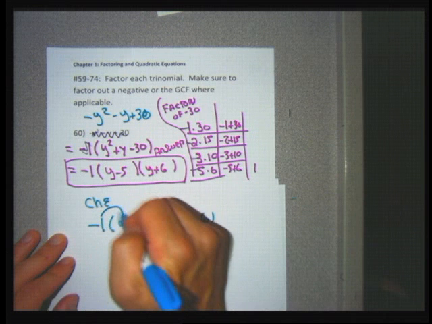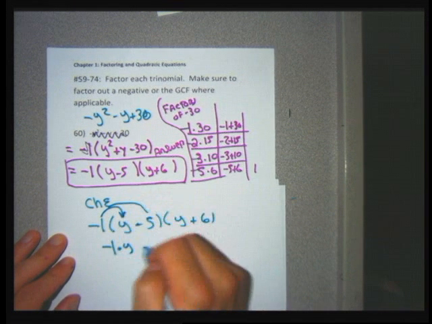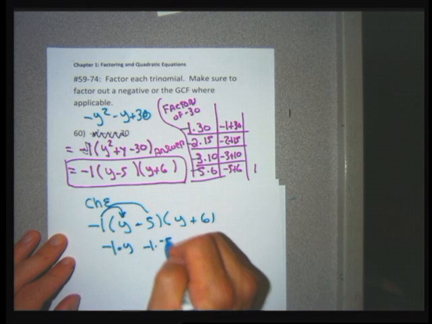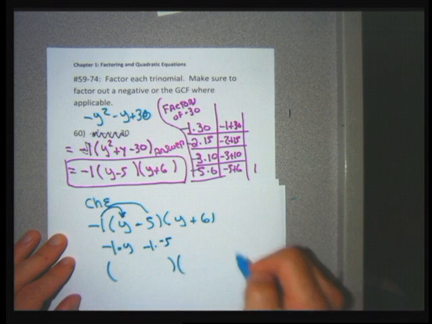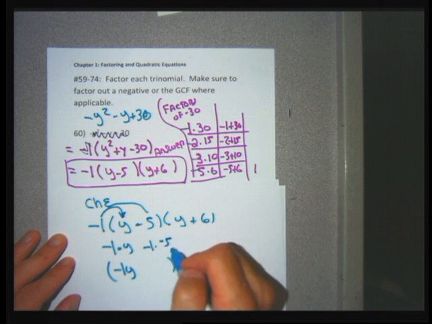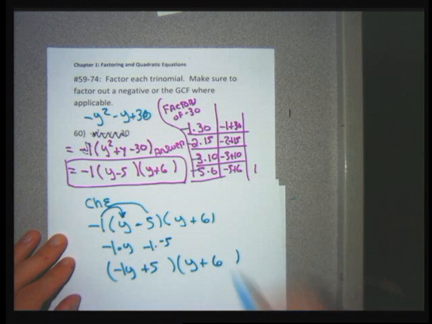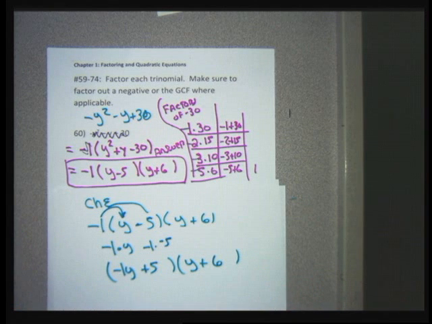I'm going to multiply negative 1 times y and negative 1 times negative 5. Put the result in the first parentheses. Negative 1 times y is negative 1y. Negative 1 times negative 5 is positive 5. I don't multiply the negative 1 into both parentheses. I'm done with the negative 1 now because it's incorporated into the first parentheses.